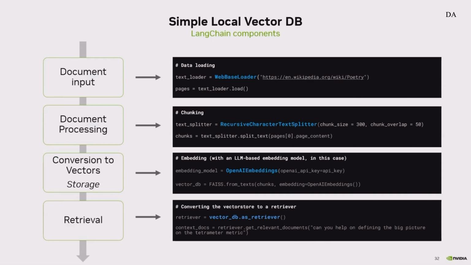The process here is to input our document, and shown in code here, we're using the LangChain web base loader function, which is going to allow us to point directly at Wikipedia, the poetry page, and take the text into a variable text loader. The next step is to process the text into chunks, and sometimes this is also referred to as splitting.